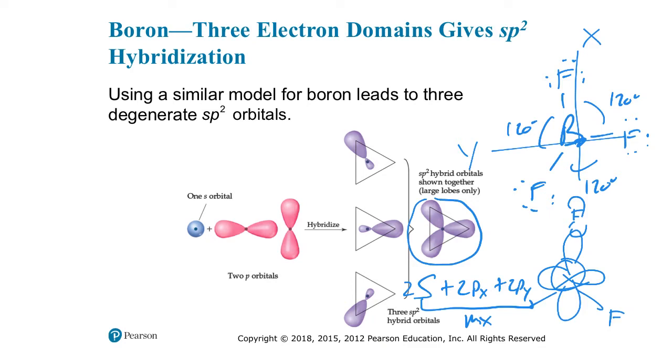So our new orbitals, our hybridized orbitals, point in the direction of our trigonal planar geometry, so we get overlap for the F atoms that are 120 degrees away from that boron atom. So we get overlap into making something like BF3.